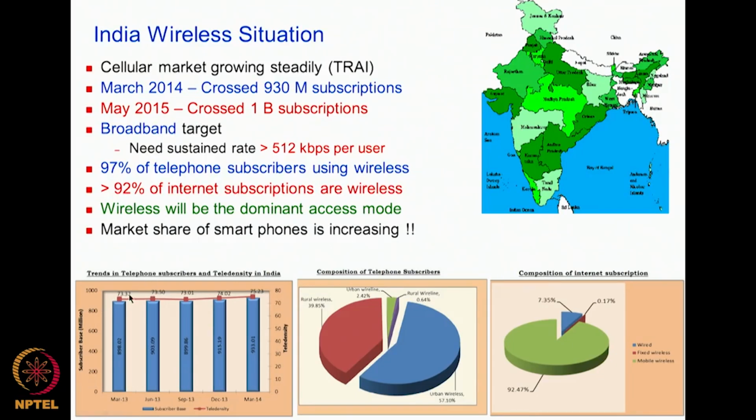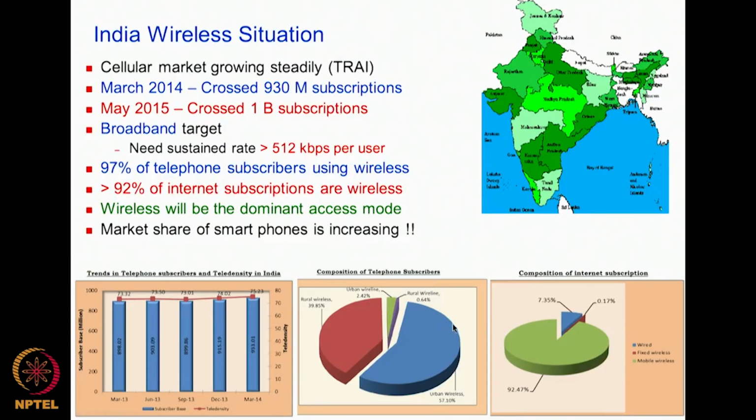Now, the growth of cellular in India. You may see, well, it doesn't look like India is growing very fast, but look at the numbers. We had crossed 930 million in 2014. In May 2015, India crossed 1 billion subscriptions.